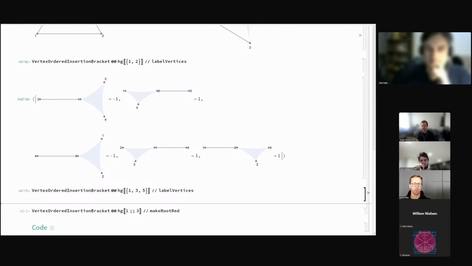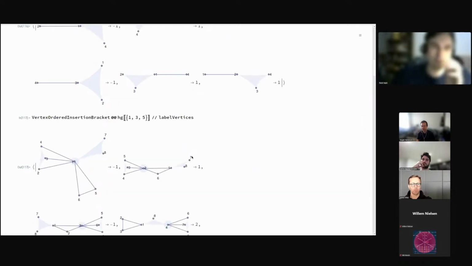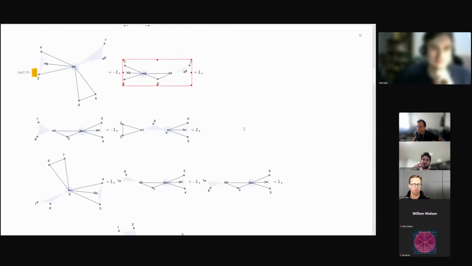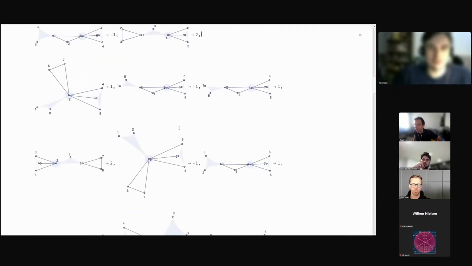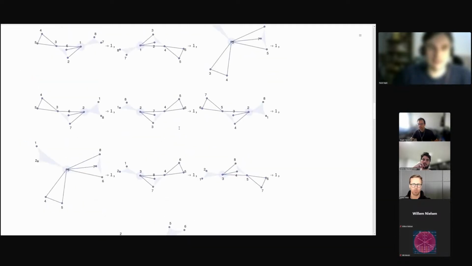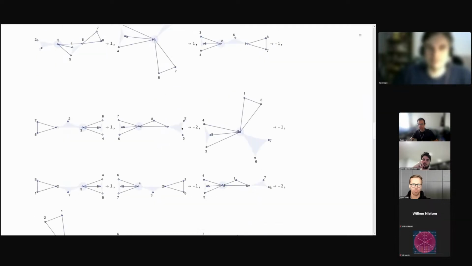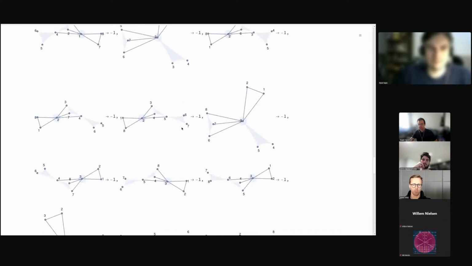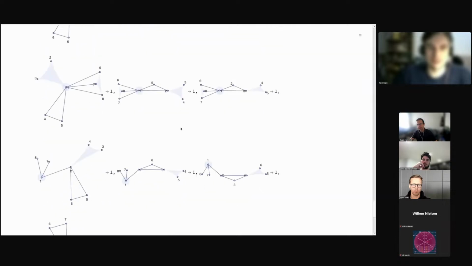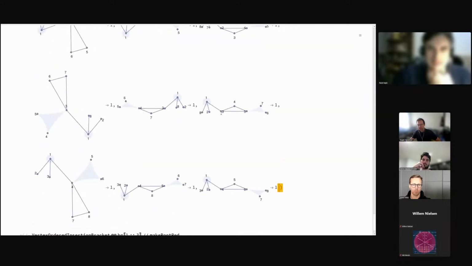Still computing. I don't think that it's so slow. My computer is very slow also. And you are getting another result, another vector of vertex ordered hypergraphs, which is pretty long in this case.